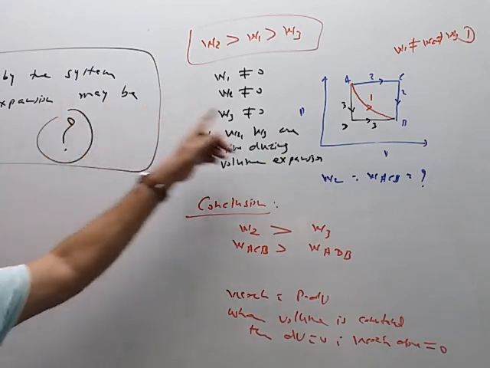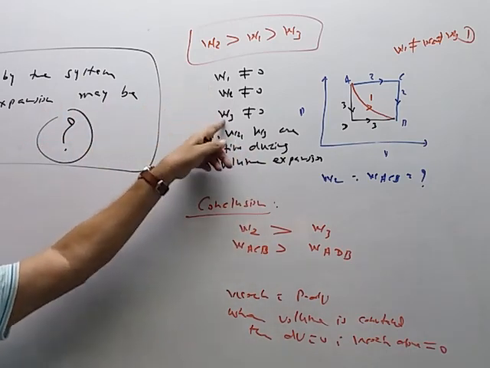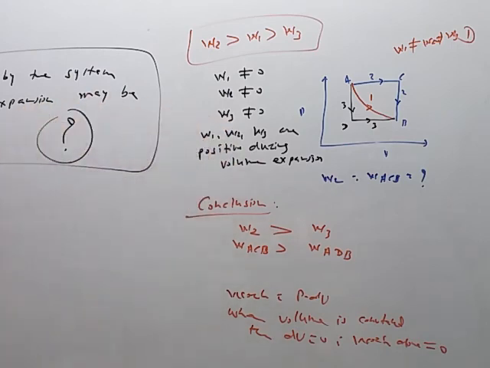So we have to compare these two cases. During the volume expansion, work done is positive and it is not 0. But this is the special case. There is a volume expansion, but work done is 0. How? So we have to see this.